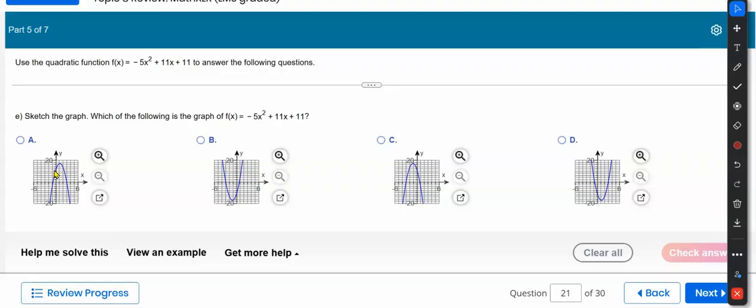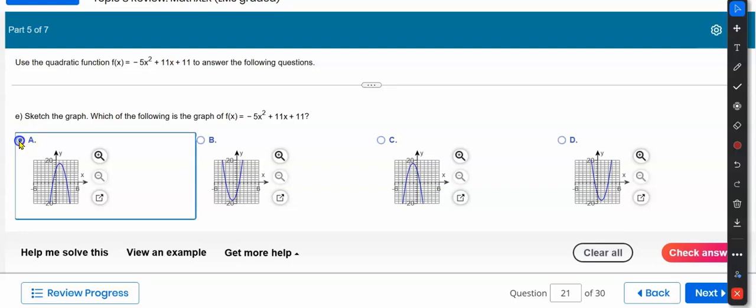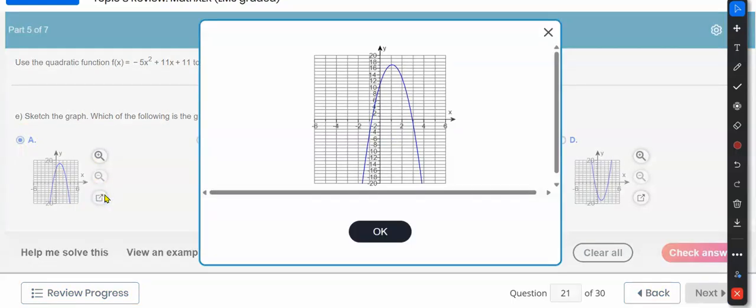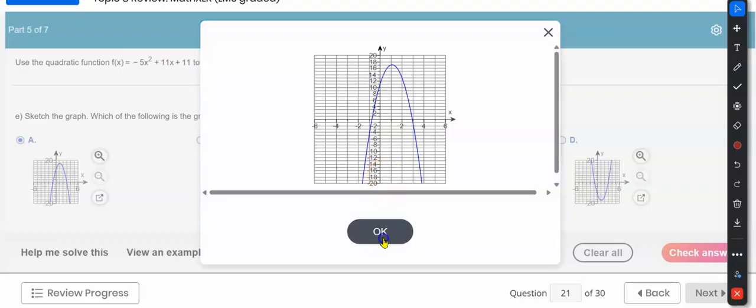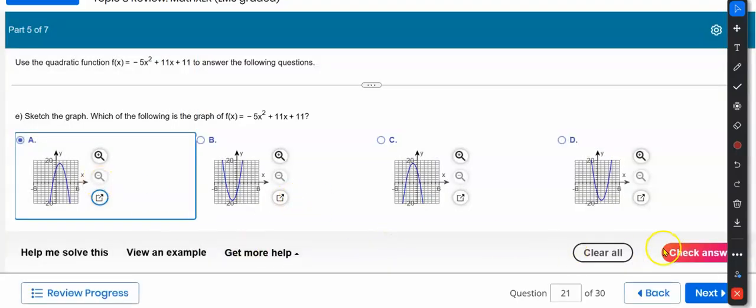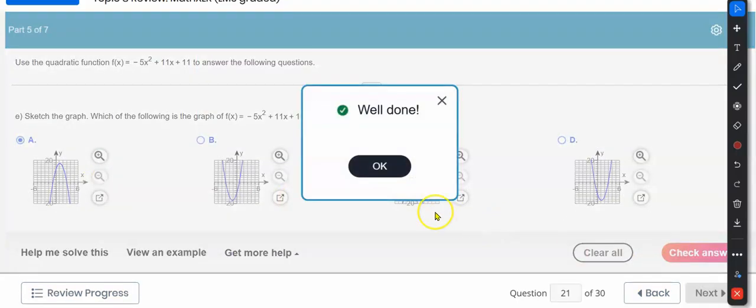Did it go to the right or to the left? The right. Correct. Which means it has to be this one right here. You can always click on a smaller version, but it opens down, it crosses through at 11, and the vertex went to the right. Does that help with that? Yeah.